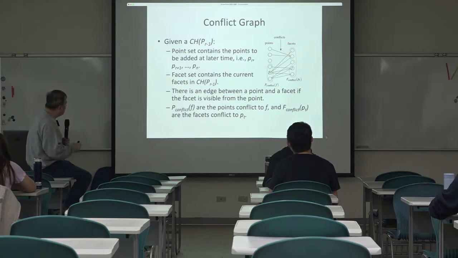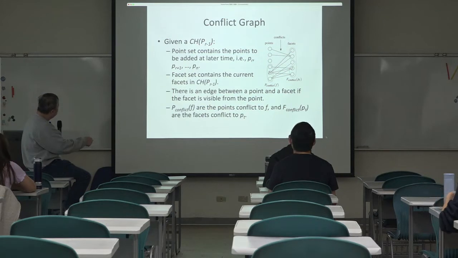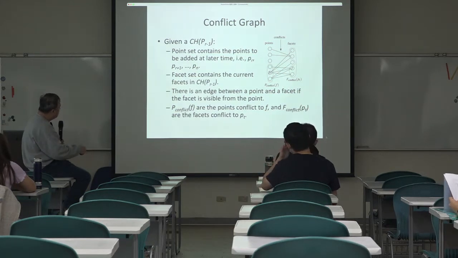If you have already added P1, P2, P3 up to PR minus 1, then the set of points will be PR, PR plus 1, and so on up to Pn, assuming we have n points to deal with.